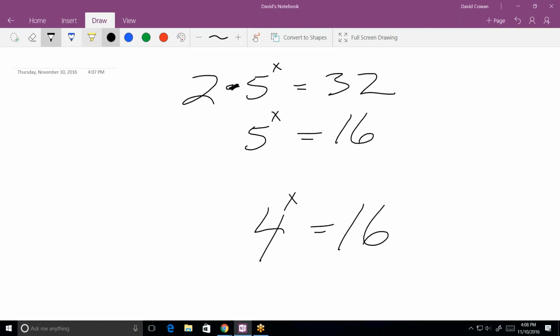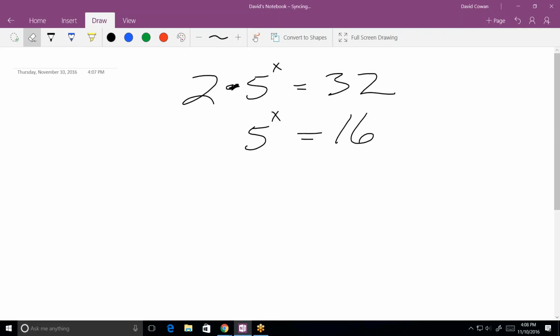But if it's not an integer situation, in other words, the answer to this is not going to be an integer, so there is no way to solve it algebraically. I cannot convert 5 and 16 to the same common base. So the only way I can solve this is using logarithms. And it doesn't matter which log I use. I can take natural log of both sides.